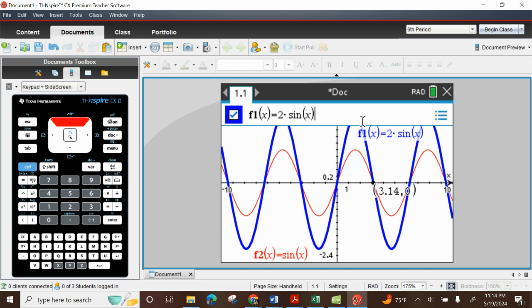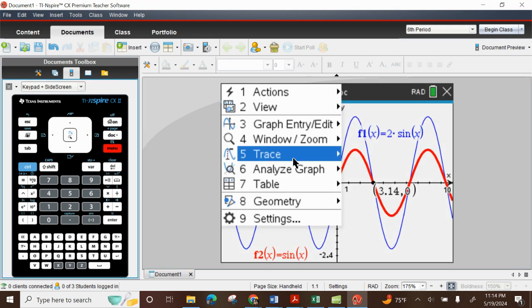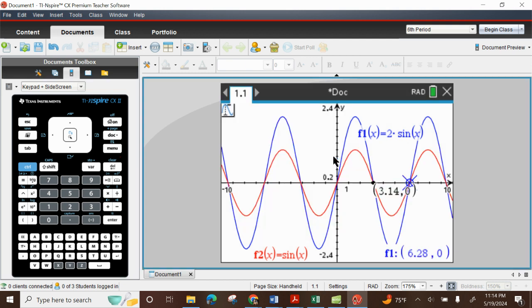The crest is higher. So when you look at the waves, this one's twice as tall. And if you go to trace, what you'll see on the blue one is everywhere the red one was -1, now the blue one is -2. It doubled. Everywhere the red wave was 1, it is now 2.